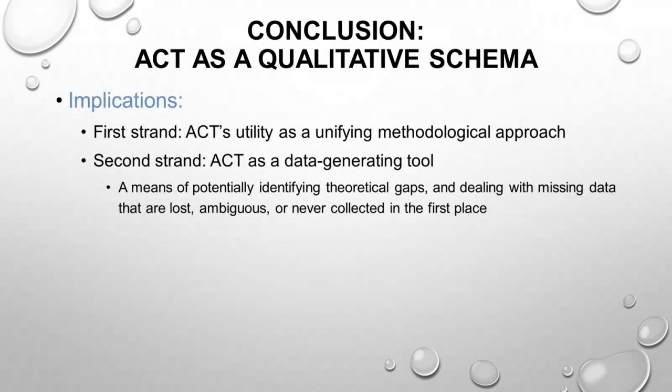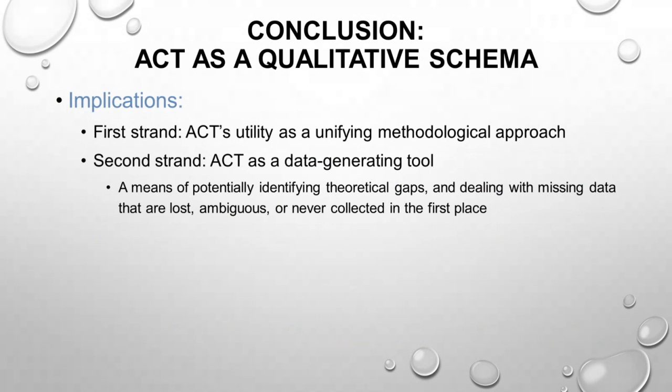So, implications for this. Implications for the first strand, the more long-standing strand, I'm not saying that's going away. That's still doing important work. What that really shows is ACT's utility as a unifying methodological approach.